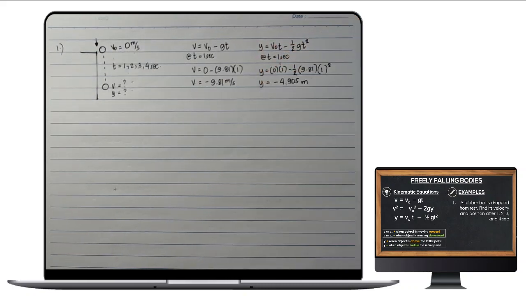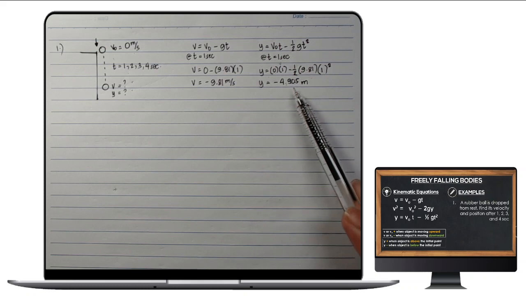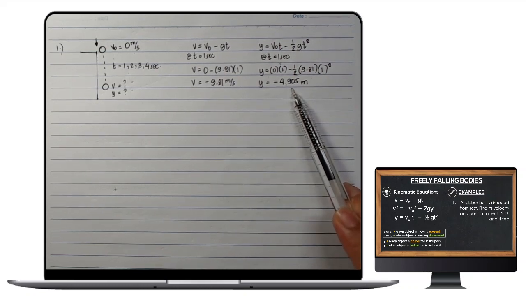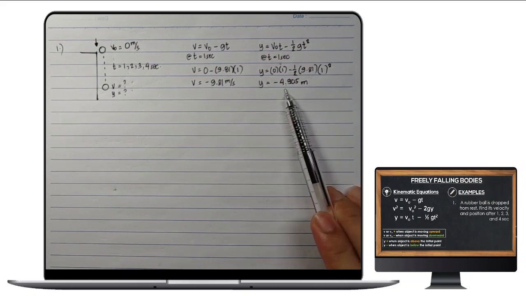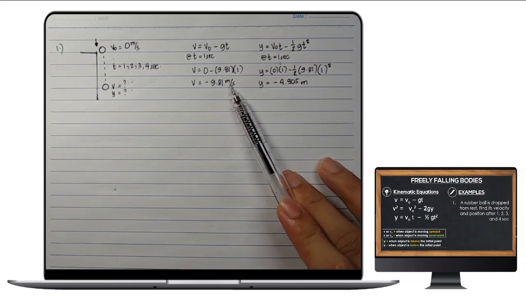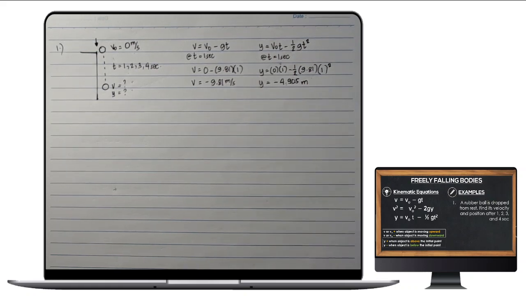Nasa ilalim, so tatama siya dun sa principle a while ago na dinidiscuss natin, that when the motion is downward and the object is below the initial point, the value of the computed parameters will be negative. So negative yung velocity natin kasi pababa, and negative yung value ni y kasi nasa ilalim yung final position ng ating object. So nasa baba siya ng initial position.